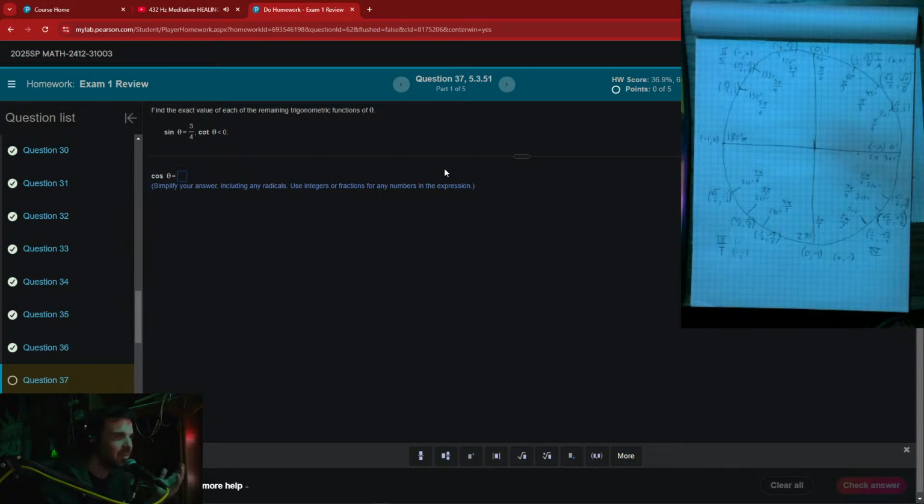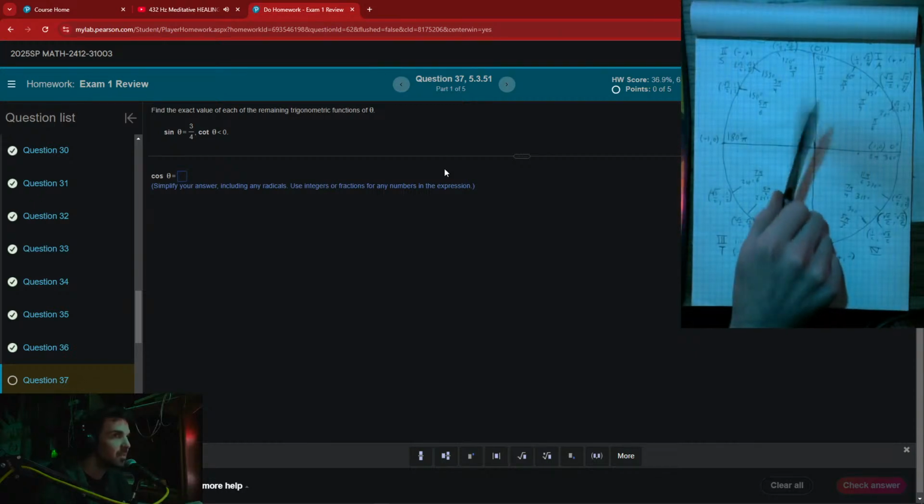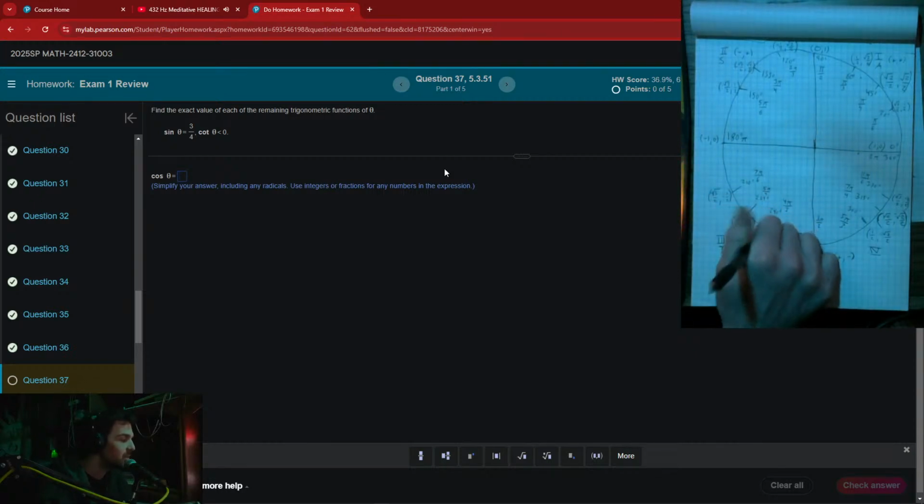It's gotta be in the second quadrant because sine is positive, but cotangent's not. If cotangent was also positive, we would be in the first quadrant. So that's the important thing to remember here. Which means cosine also has to be negative. I'm pretty sure that's how it works. We'll find out the hard way.